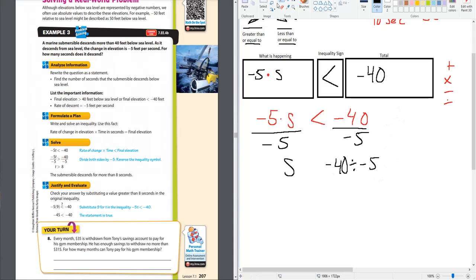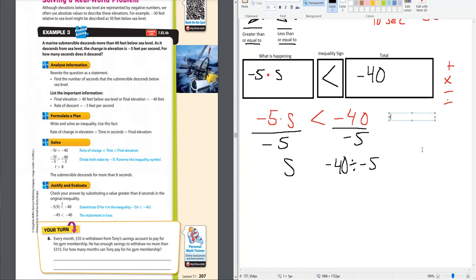And then we have to remember our special inequality rule. I went over it in class, hopefully you wrote it down, but if you don't, write it down now. Because if you don't know this, you're going to get almost every single inequality question wrong.